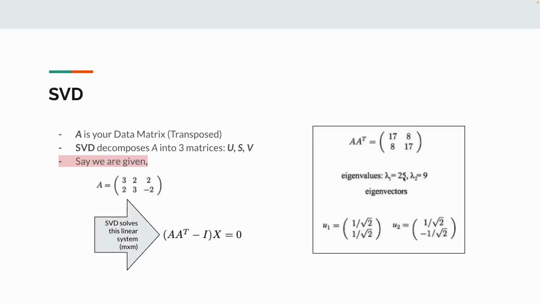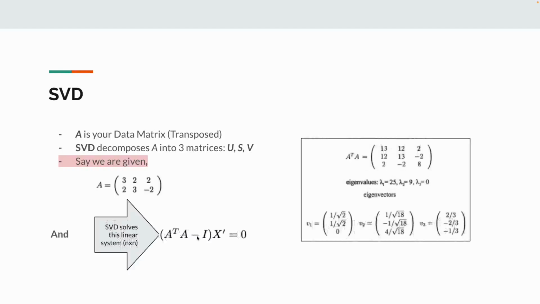So the eigenvalues are 25 and 9. And then you have to solve another linear system, of the format A transpose A minus lambda I times X bar, okay? Here this matrix is of size 3 by 3 because you have 3 data points, okay? So if you solve this, you will have 3 eigenvectors and 3 eigenvalues.